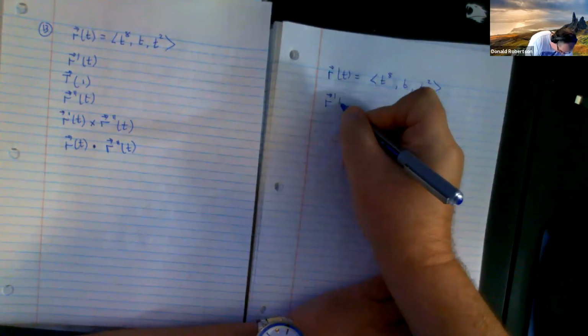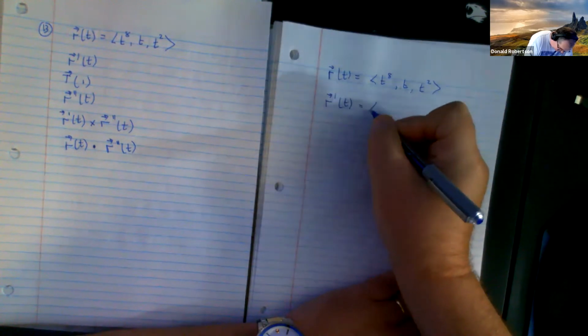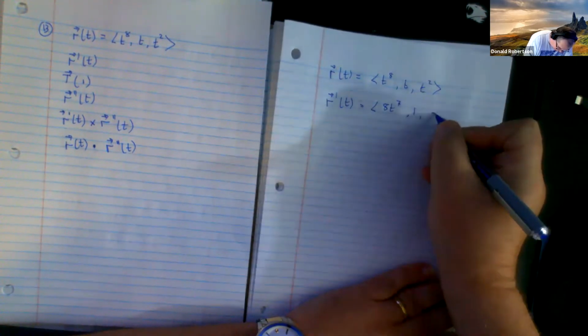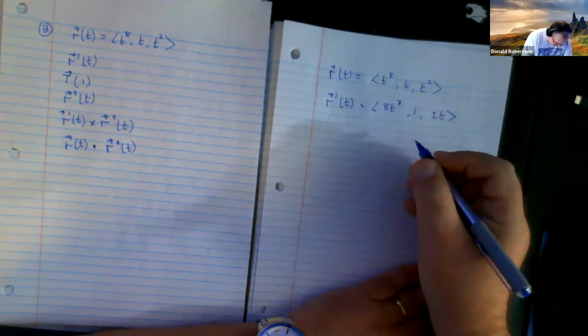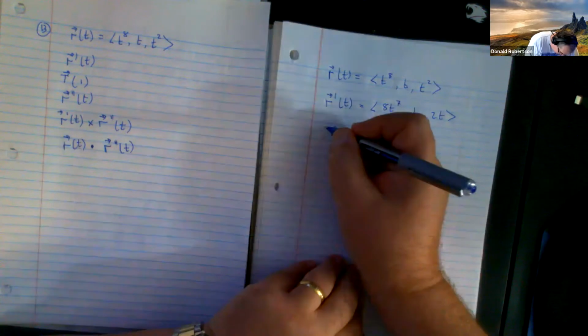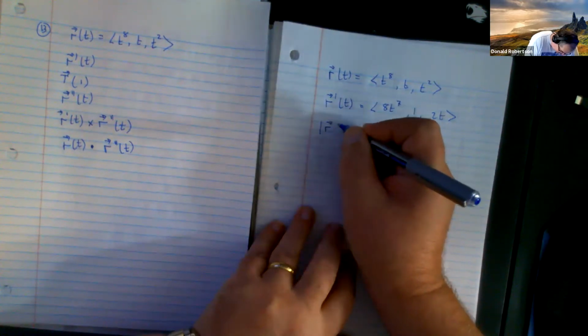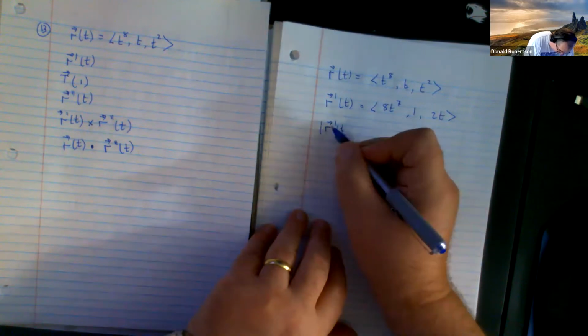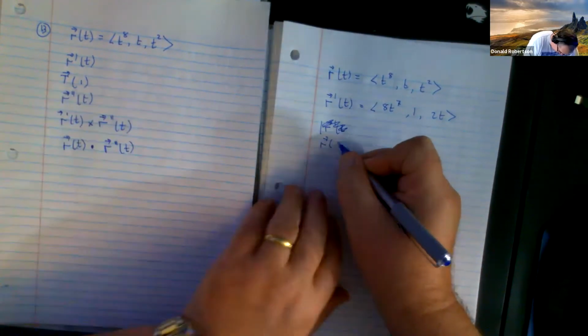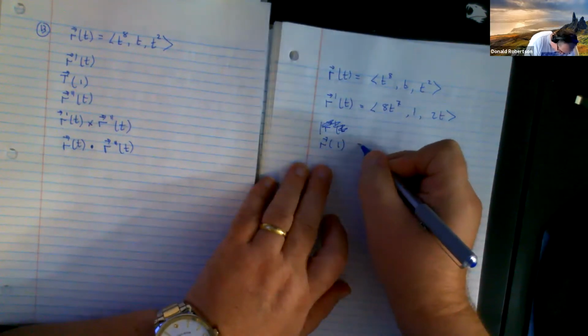If you do its derivative, you get 8t to the 7, a 1, and a 2t. Now to get this guy, won't I need to find the magnitude? Even although they didn't ask me to, I still need to. So let's find this guy at 1.